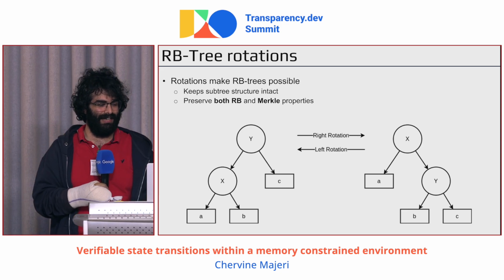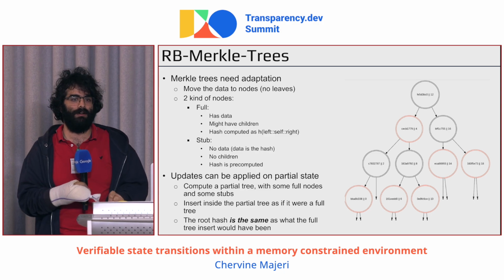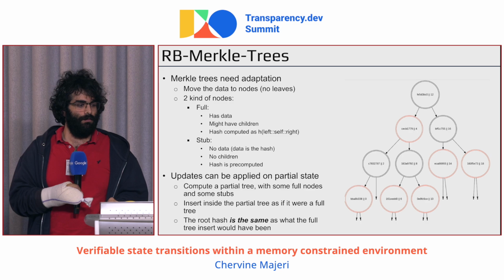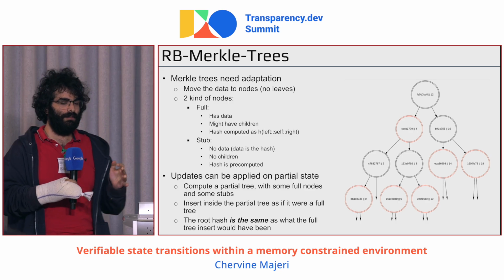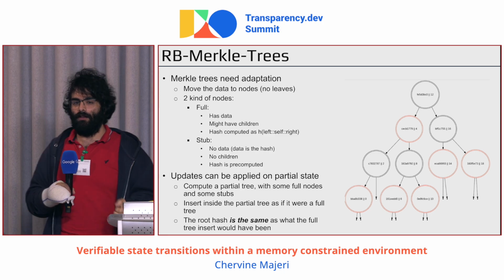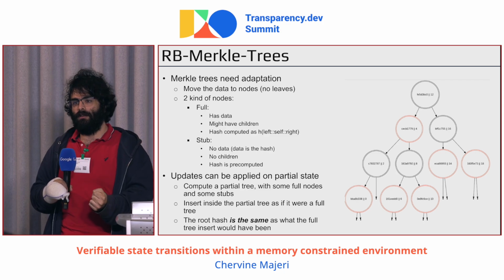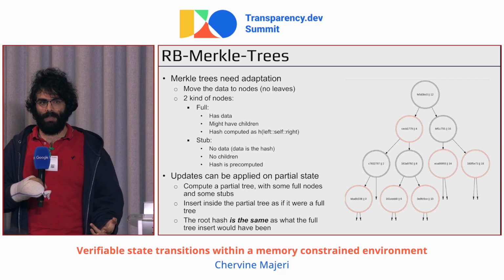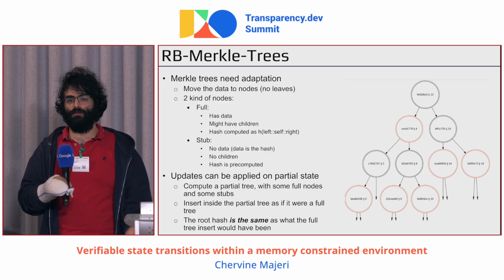And we can combine the Merkle and red-black properties onto a single tree. And what that lets us do is, given a partial tree, so given an inclusion proof on a node of the tree, we can actually start inserting inside that proof. So I have 3 users I want to add to my set.